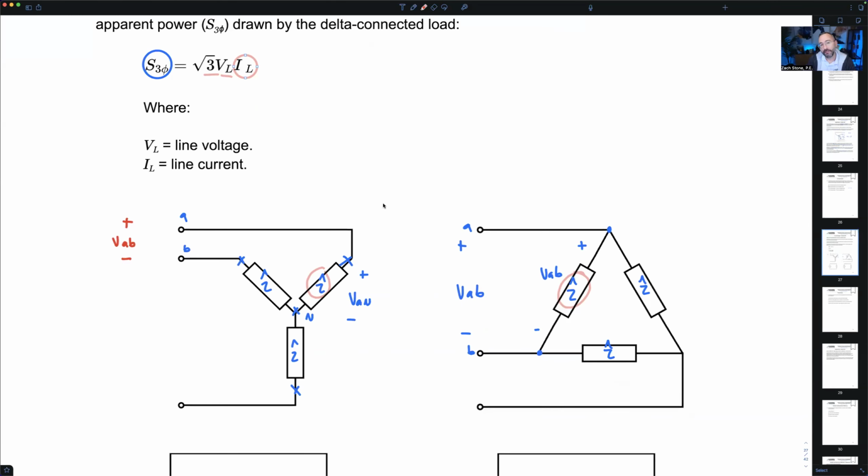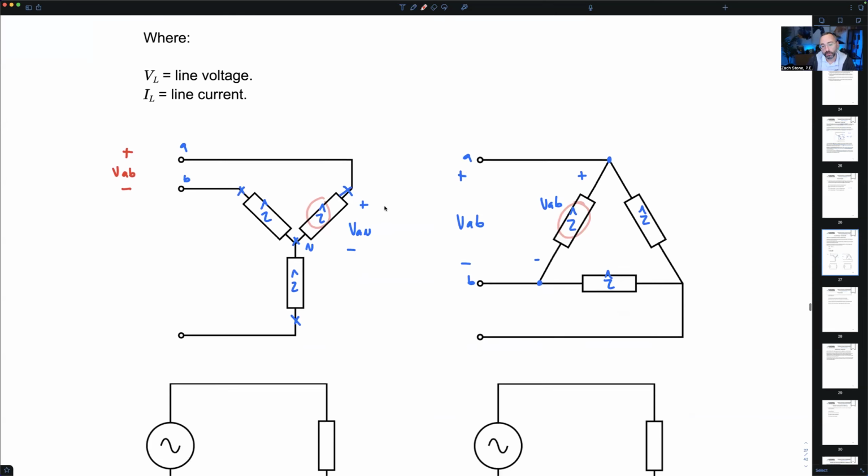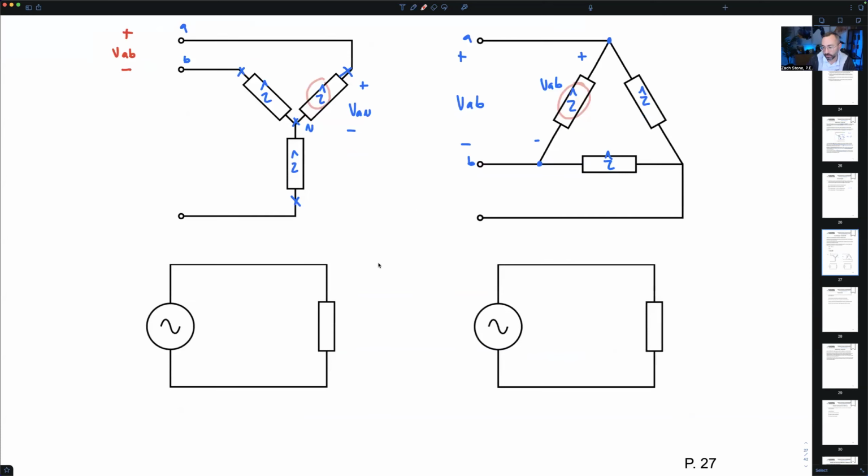How do I calculate the line current of a three-phase load? What tool do we use down here? Yeah, single-phase equivalent circuit. It's a model, and it requires one phase of a Y-connected power supply feeding one phase of a Y-connected load. If we have a delta connection somewhere, we have to convert.